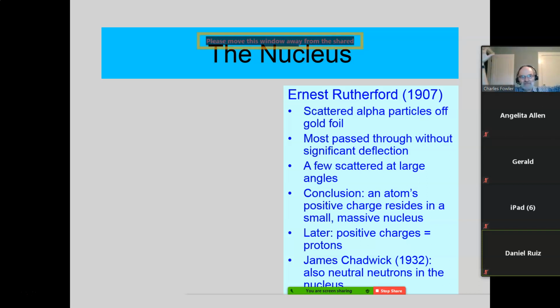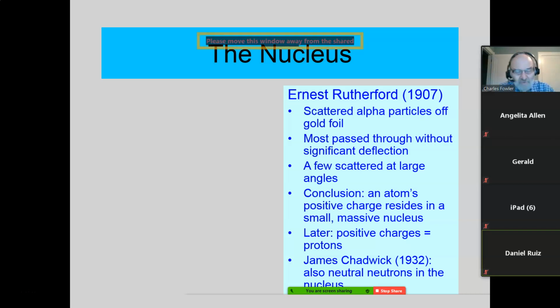Electrons, incredibly tiny, but with a fixed negative charge, floating around in space around an incredibly dense, massive, but incredibly small nucleus. And in that nucleus were your positive charges, later called protons, and later they discovered neutral charges, no charge at all, and they were called neutrons.